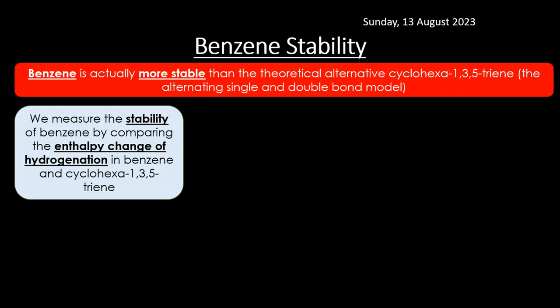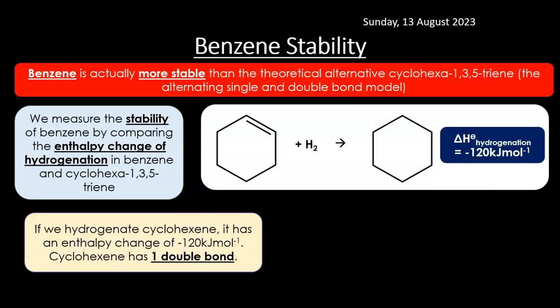We take the idea of benzene, or the theoretical cyclohexa-1,3,5-triene, the Kekulé structure, and in theory, if we hydrogenate this, that is, if we take every double bond in the molecule, as in cyclohexene, and we treat it with hydrogen gas and a nickel catalyst, we saturate it, adding a hydrogen onto each end of the double bond, making them single.